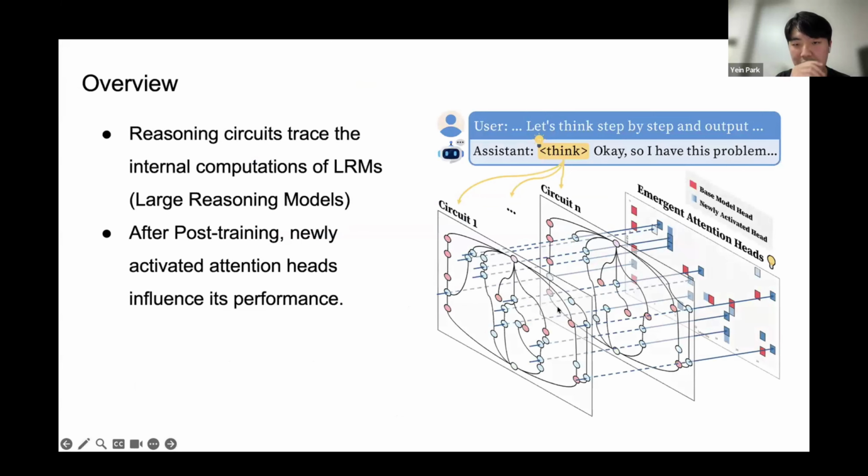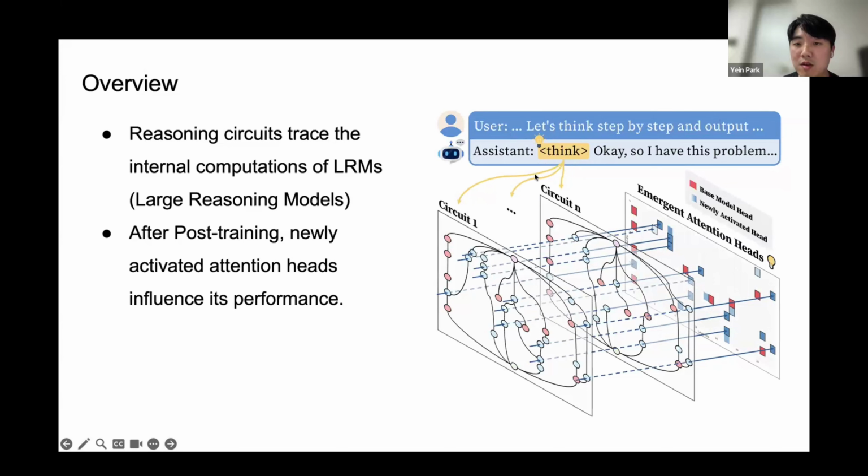You can see the picture on the right. It shows the overall mechanism of our analysis. The reasoning circuits trace the internal computations of large reasoning models. After post-training, newly activated attention heads usually influence performance. We can use prompts from reasoning-heavy questions like AIME, and the assistant uses the think token to start its reasoning.